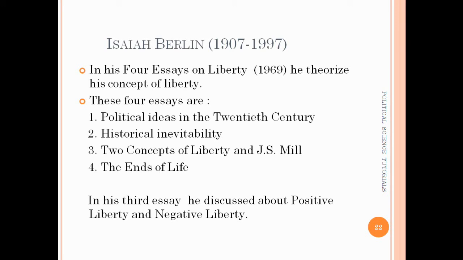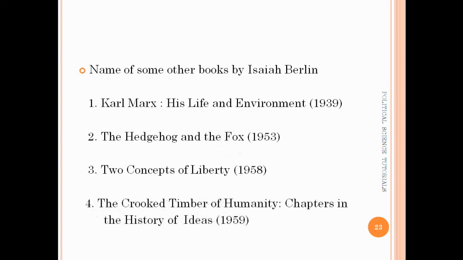The names of the four essays are: first, Political Ideas in the 20th Century; second, Historical Inevitability; third, Two Concepts of Liberty; and J. S. Mill; and fourth, The Ends of Life. You have to keep in mind the names of the four essays. And in his third essay, Two Concepts of Liberty, he discussed positive and negative liberty.